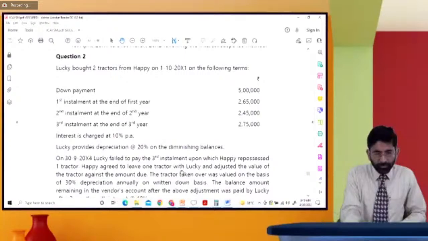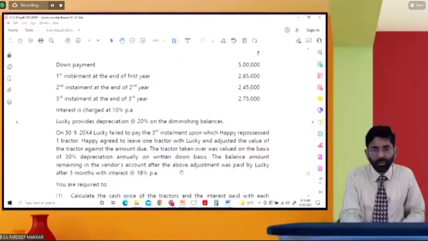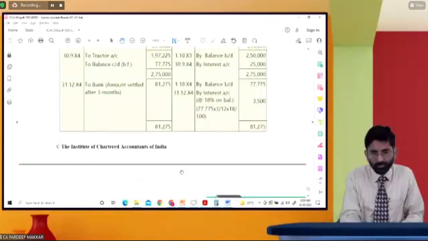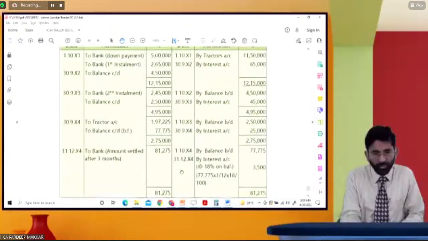The balance amount remaining in the vendor's account after the above adjustment was paid by Lucky. It means whatever is left will also be paid off. See, here it is. In Happy's account, what will be done?